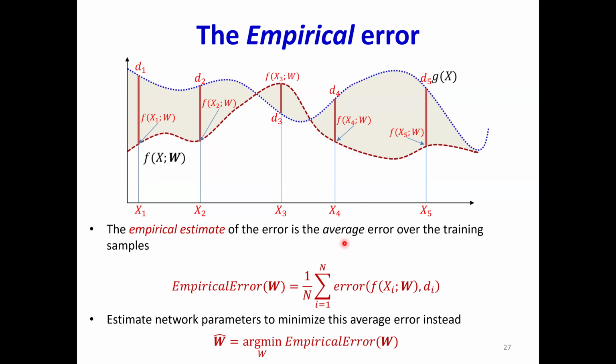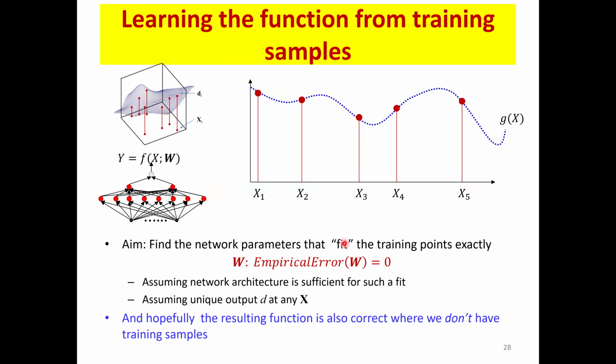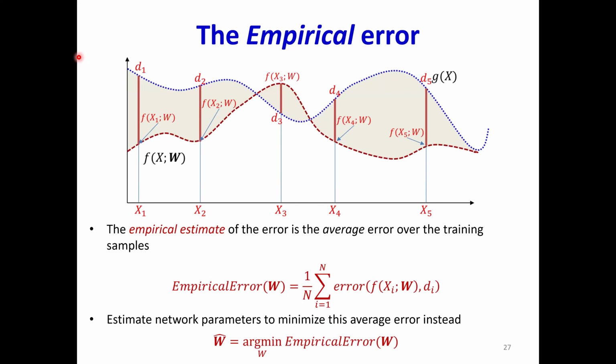Like an approximation of g of x. No, you're trying to minimize the error on the training points. Basically, what we are doing is this. You're only given these training points here, correct? And you're trying to estimate the model parameters so that the network function passes through these points. Which means you're trying to minimize the average length of these red lines because that's all you have. Yep, I see. Makes sense.